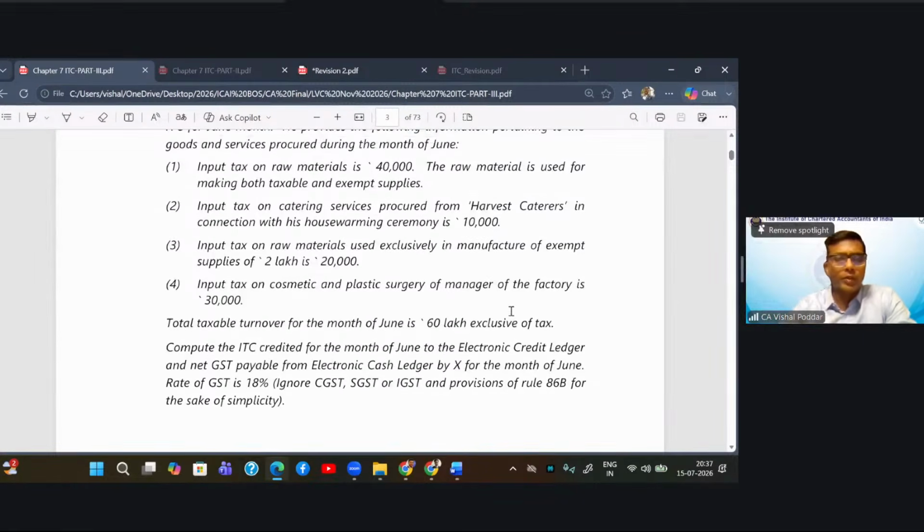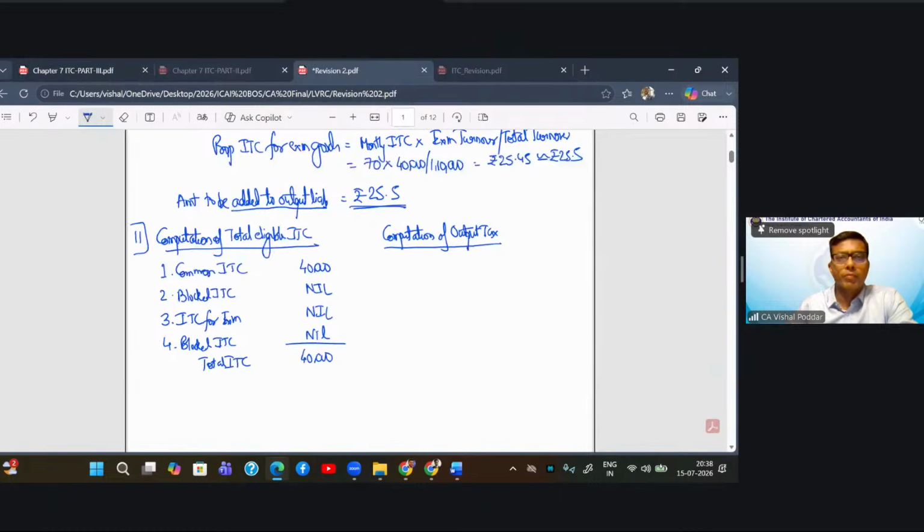This is exclusive of tax. So students, 60 lakhs into 18%. This gives me 10 lakhs 80,000. Correct?